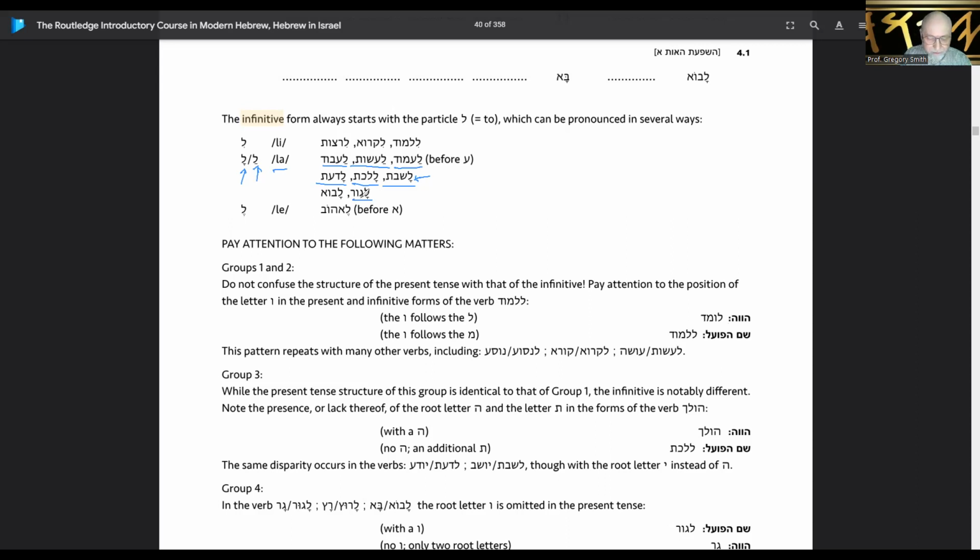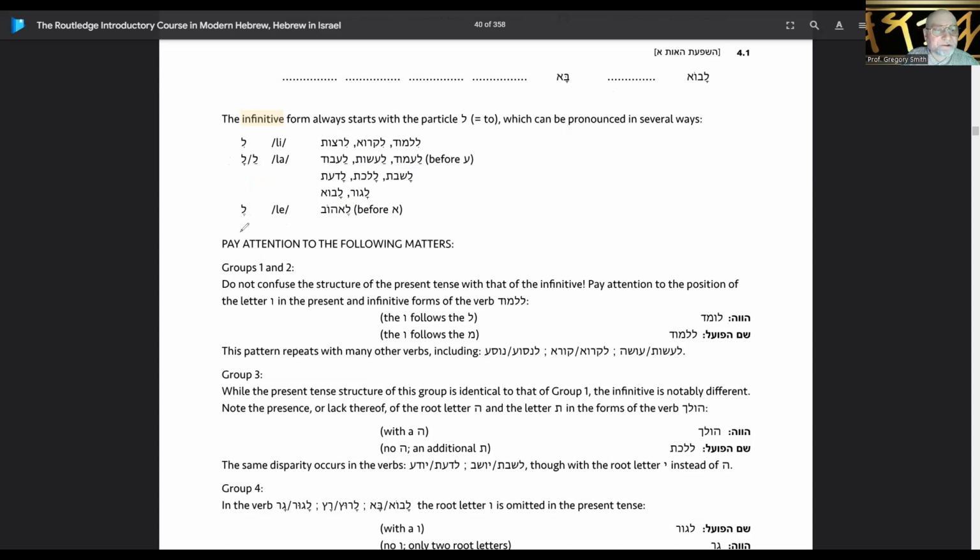And then you have, it's like lavo, perhaps. Yeah, that's correct, to come. לבוא, lavo, to come. All of those have this pattern here: either we have a kametz or a patach vowel pattern.